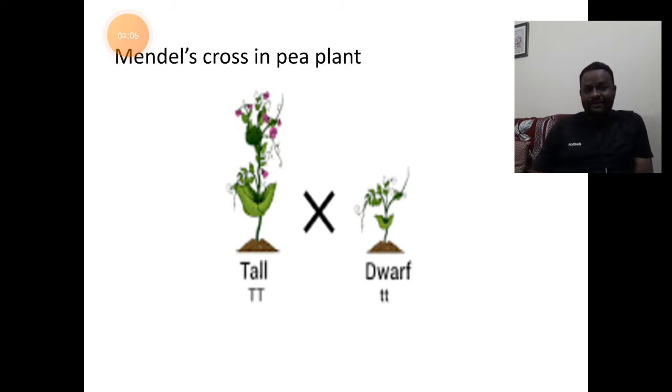Students, in this slide, when we look at, it represents Mendel's cross of one of the traits related to the pea plant, the height character of the plant. We have a tall plant represented here with homozygous condition capital T, crossed to a dwarf plant having recessive genotype, that is small t.